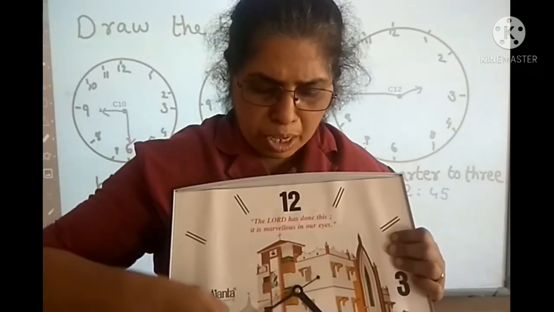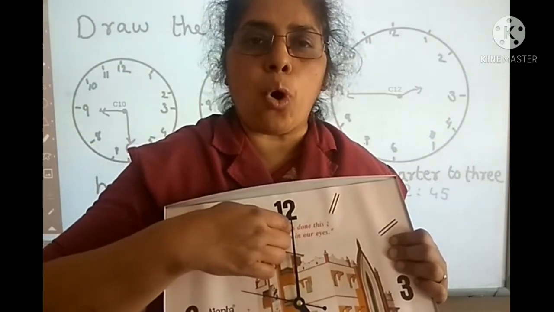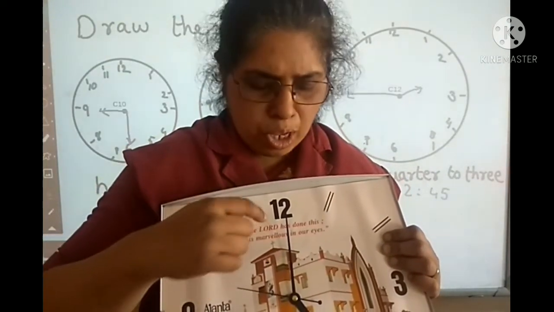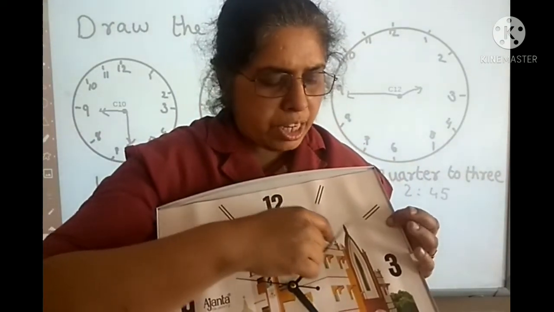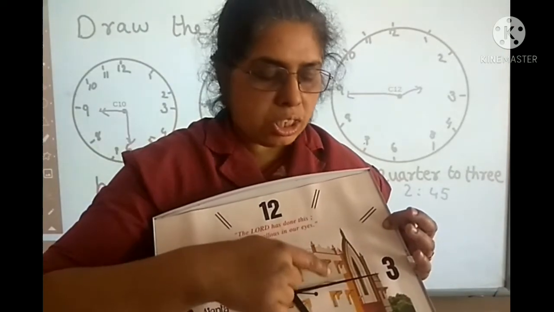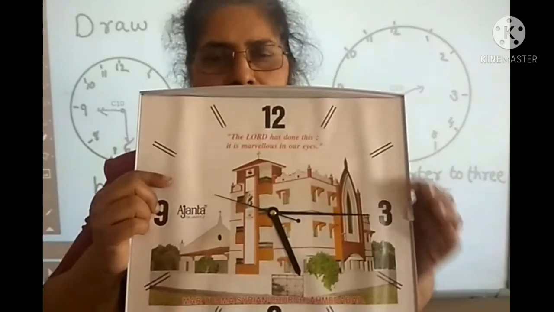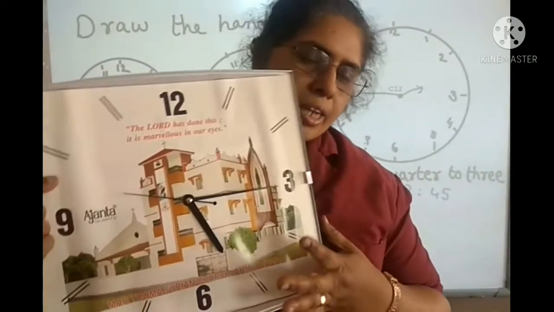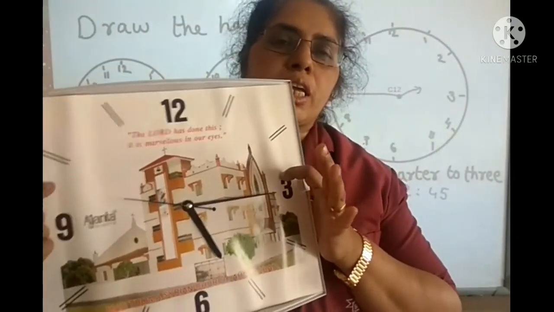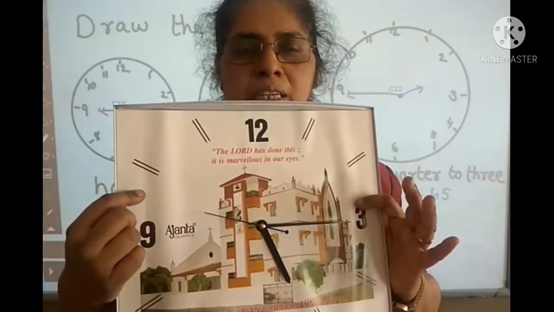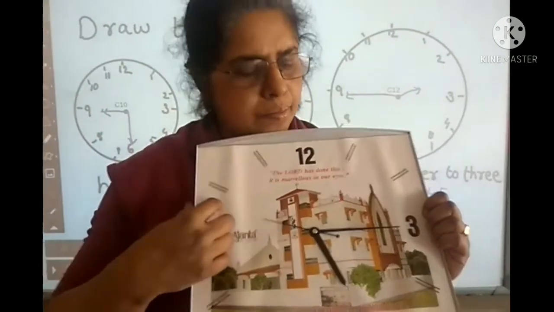When the long hand is on 12, this is o'clock, that is 00. When the minute hand is on 3, that is quarter past, that is 15.